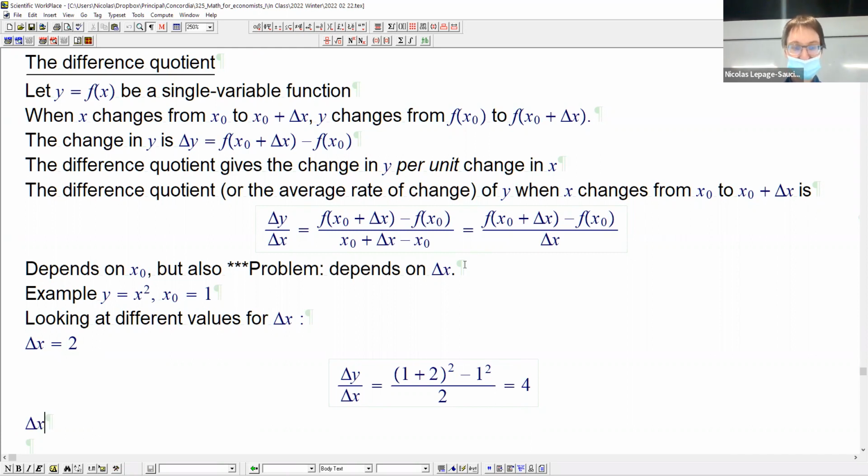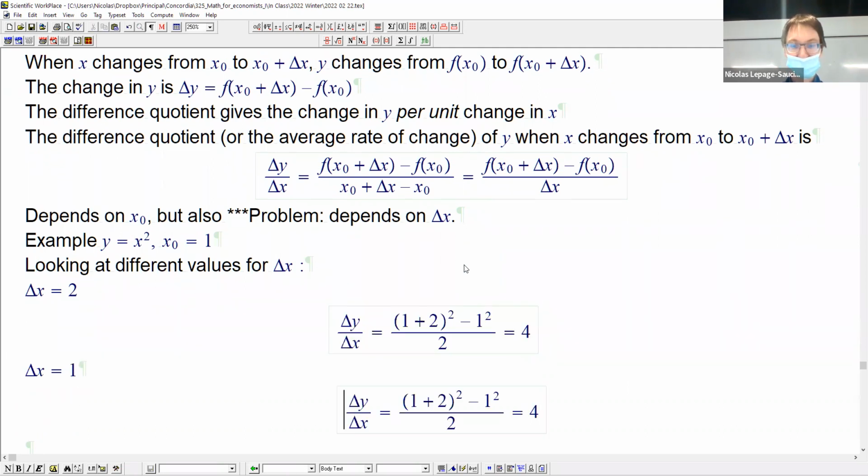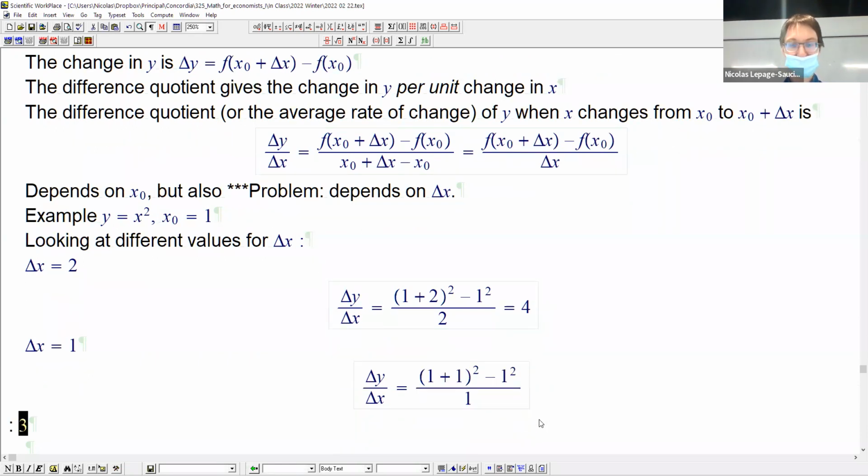If I take delta x equals 1, then I get 1 plus 1 squared minus 1 squared, divided by 1. So you see that I'm slowly making the change in x as small as I can. Here, what do I get? I get 3.